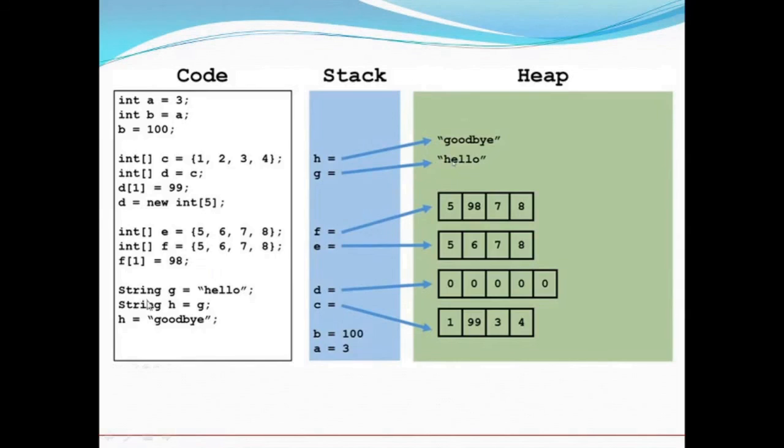And then if we assign G to another string H, then H will also point to hello, and then if we assign a new value like goodbye to H, then this will be checked off from over here, and it will point to a new string.